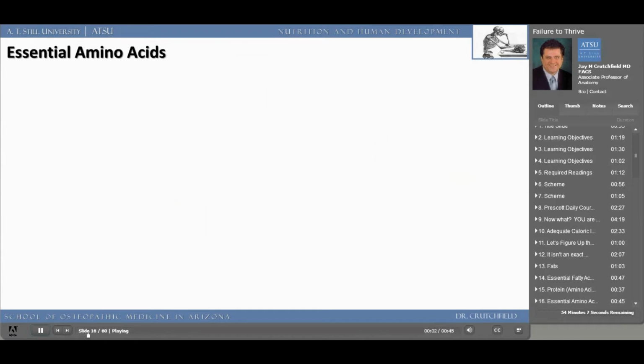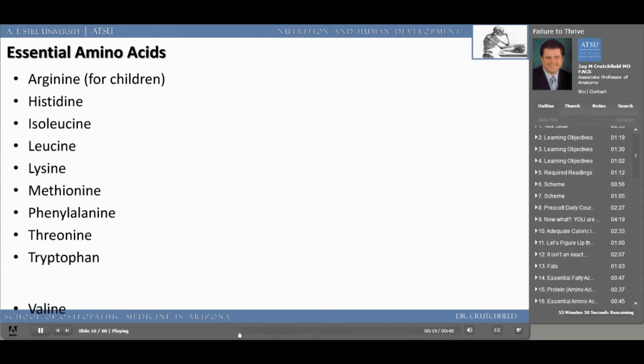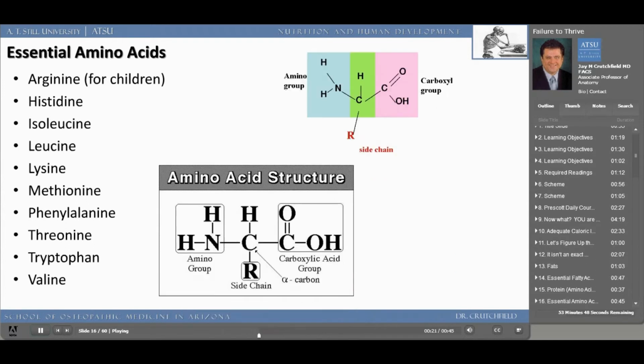I'm not going to ask you to memorize the essential amino acids, but we're going to talk about some of the important ones. Here they are, and you can look at the list. Arginine, histidine, isoleucine, leucine, lysine, methionine, phenylalanine, threonine, tryptophan, and valine. And here's the basic structure of an amino acid.